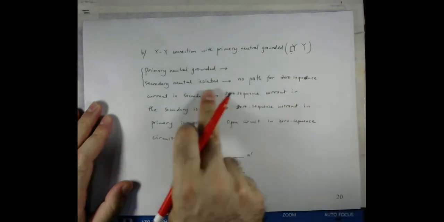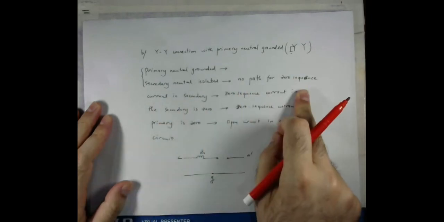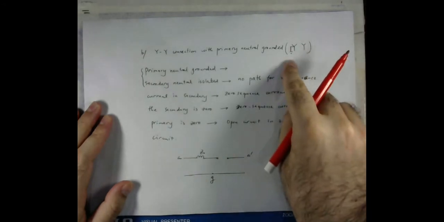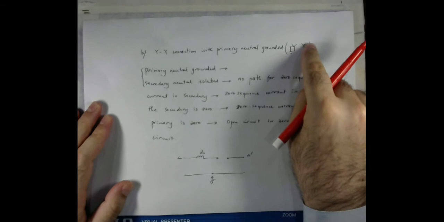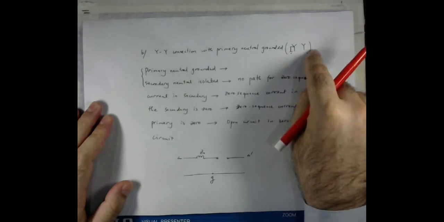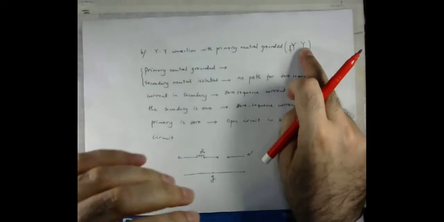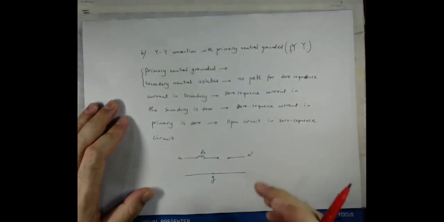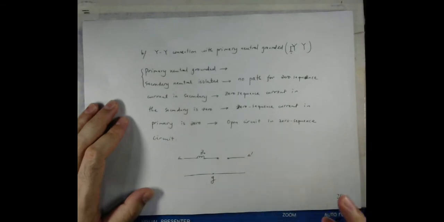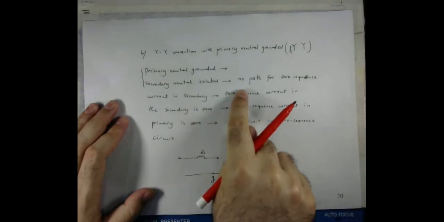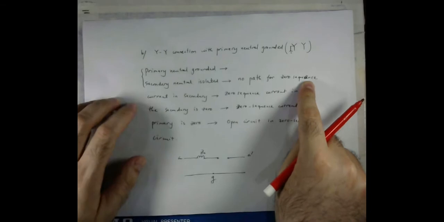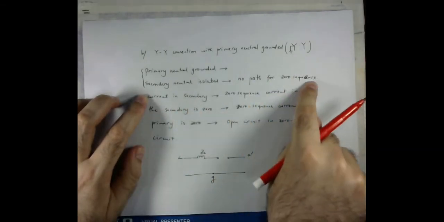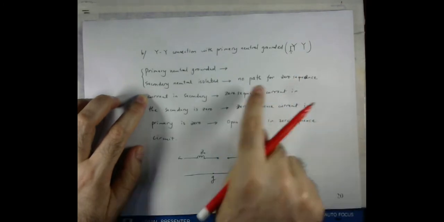So on the primary side we have a path to the ground, but there is no path of the current on the secondary side. As there is no path to the ground on the secondary side, and obviously it's a transformer where induction phenomena is involved, there is no path for zero sequence current in the secondary.